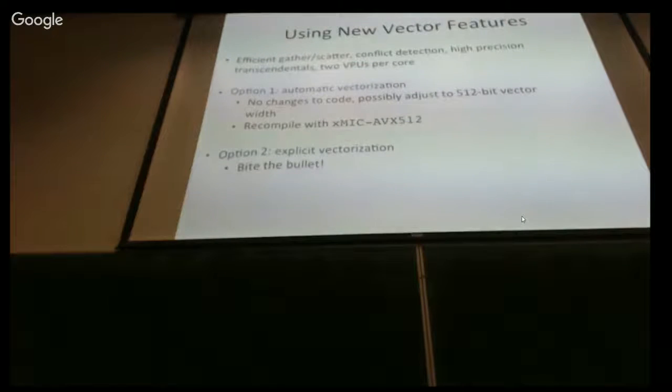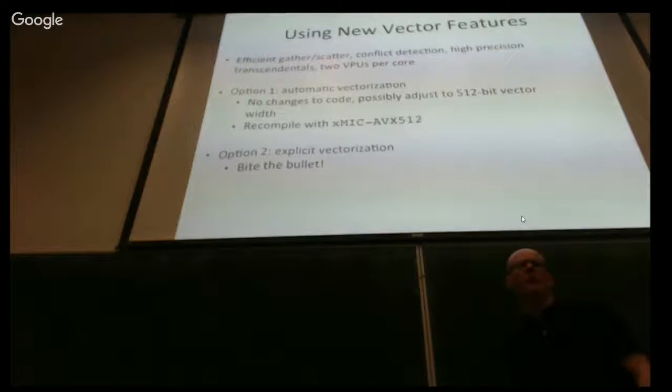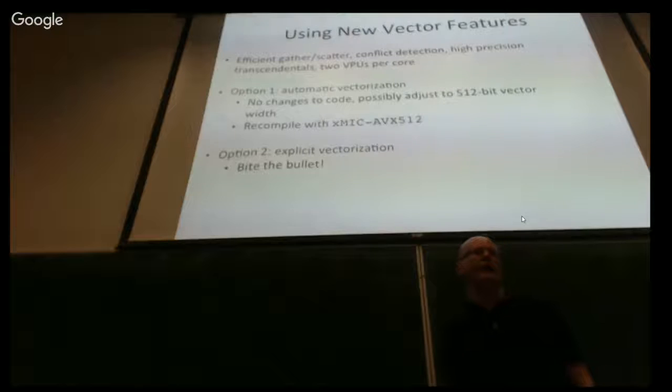So, using new vector features on KNL. Some points on this. In many respects, the AVX512 instruction set is not that different to the KNC vector instruction set. We saw it's called IMCI earlier on.